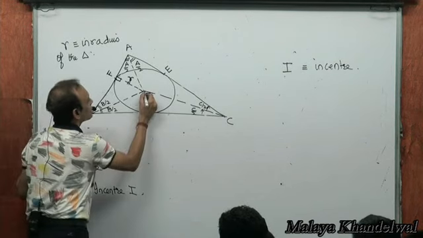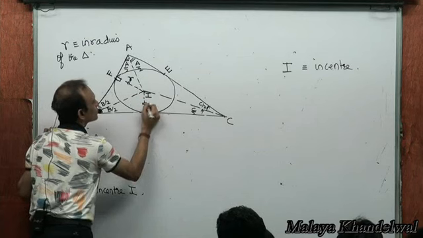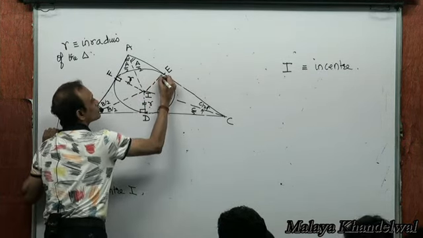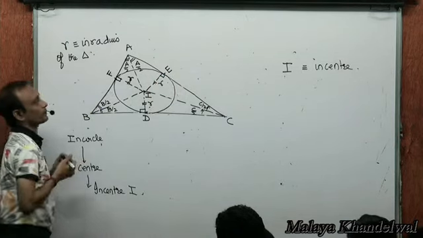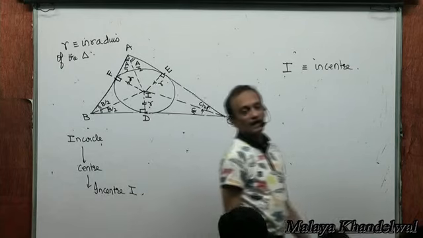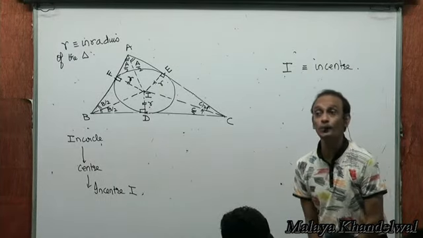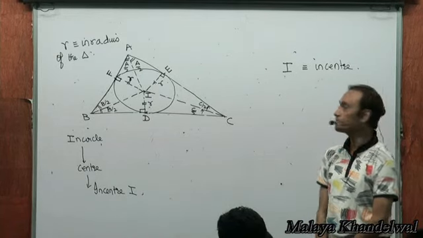This is small r. This is also small r, perpendicular. ID, IE and IF are each equal to small r, the radius of the incircle, the inradius.